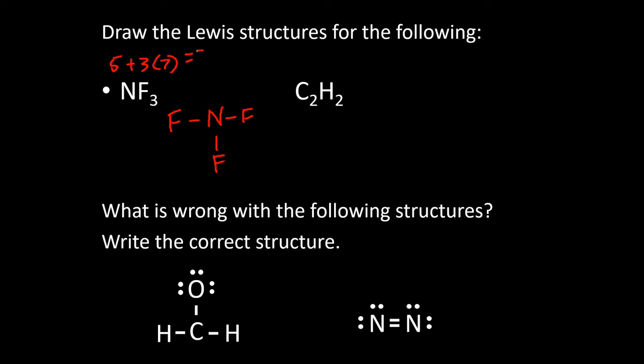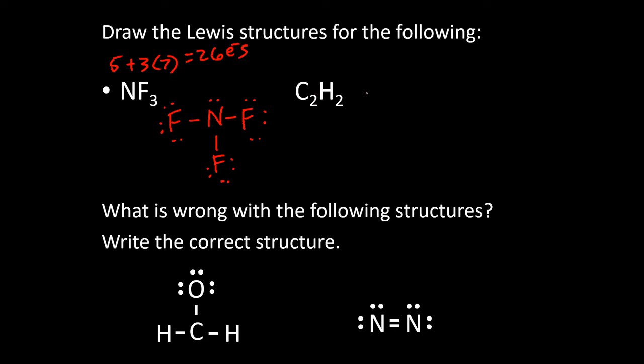This time it is in fact 26 electrons. And so if we add in the electrons to the fluorines first, again, terminal atoms first, so we have 6, 8, 10, 12, 14, 16, 18, 20, 22, 24. We still have 2 left after filling up the fluorines, and so those are going to go on that nitrogen.